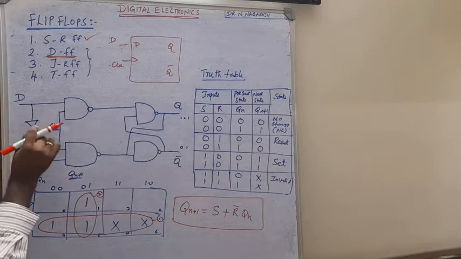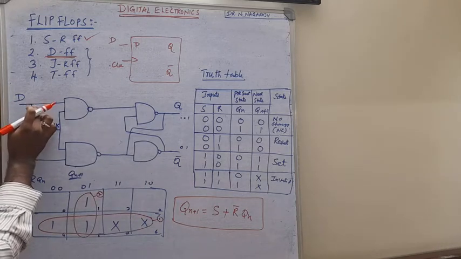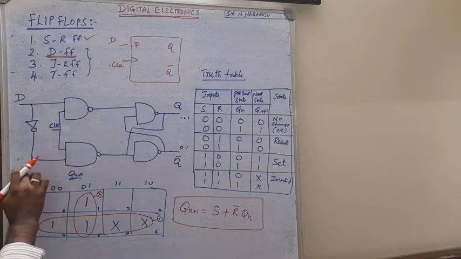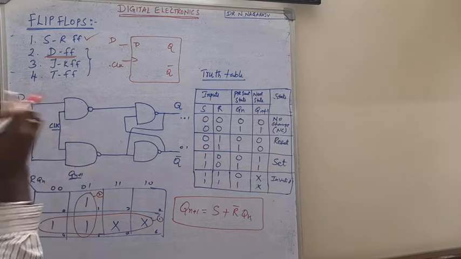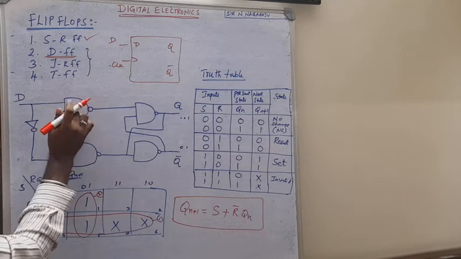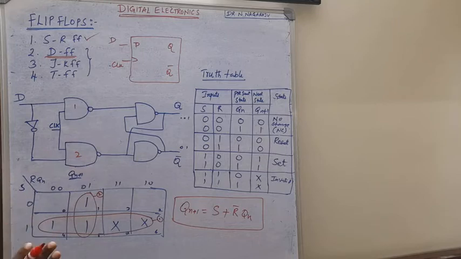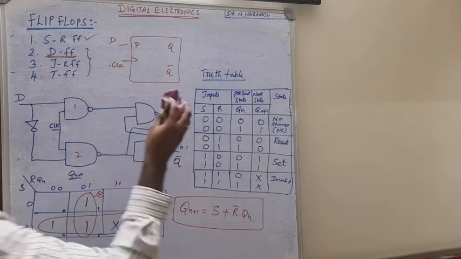A simple change: I combine S with one NOT gate, and the NOT gate output is given to reset. Always remember that gate number 1 is set and gate number 2 is reset. Keep it in mind, because while constructing the truth table it is very easy to do the operations.